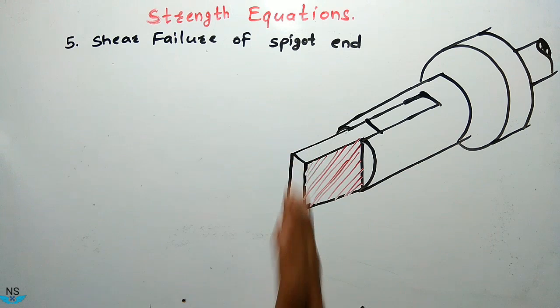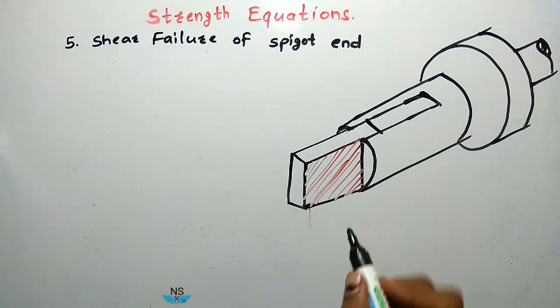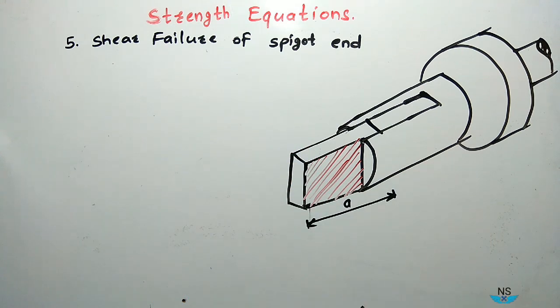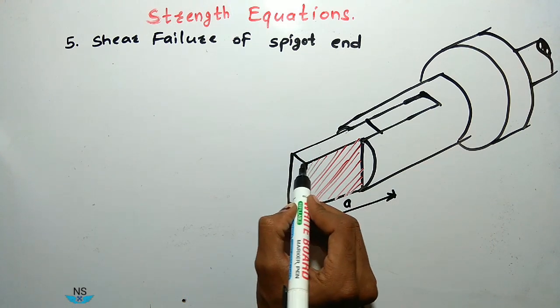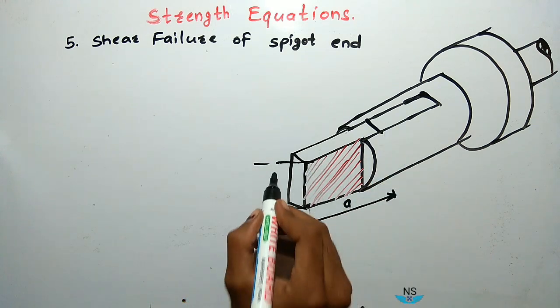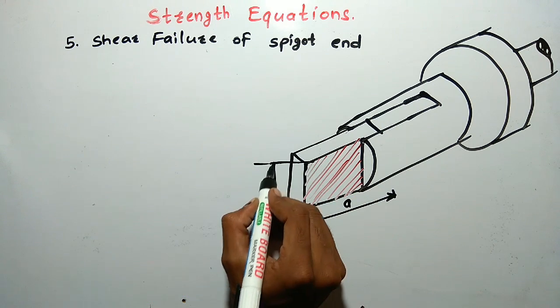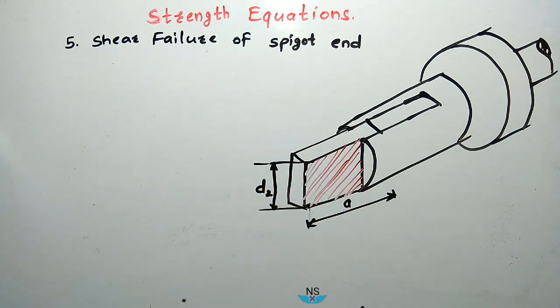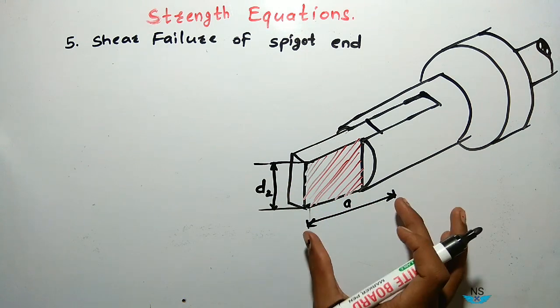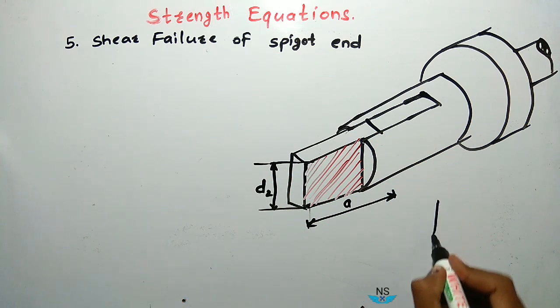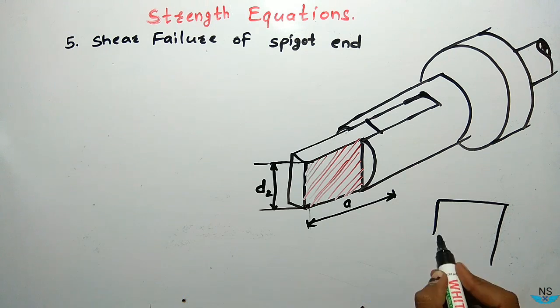स्लॉट से लेकर इस स्पिगॉट एंड उसको हमने क्या डायमेंशन दिया है, A नोटेशन दिया है. और ये जो हाइट है ये क्या होगी, डायमीटर ऑफ स्पिगॉट. जितना डायमीटर स्पिगॉट का है उतनी ये लेंथ, इसकी डेप्थ होगी और इसकी विड्थ क्या होगी, A. So area, it looks like a rectangle.